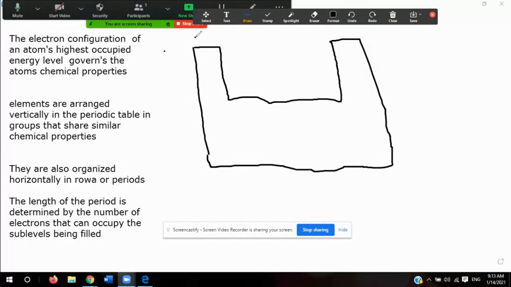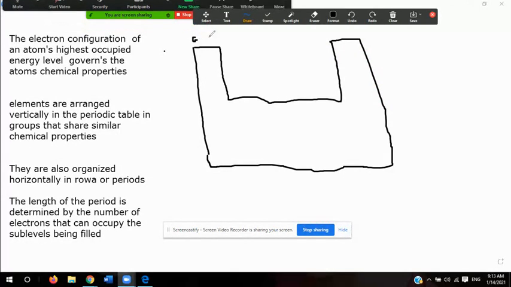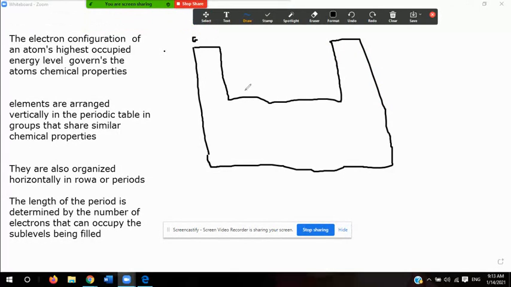So for example, this is group one, this would be group two, three, four, five, and all the way up to 18.